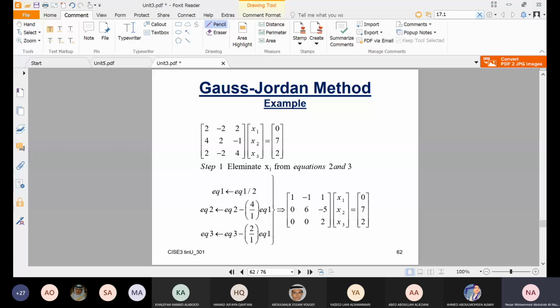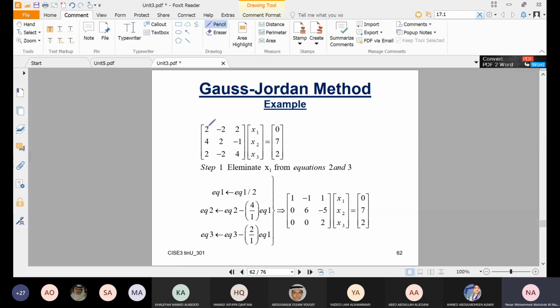Let's return to this example. Assume this coefficient is 0. Okay, this coefficient is 0 here. So here we cannot use this 0 because we need the diagonal to be one. Am I right?